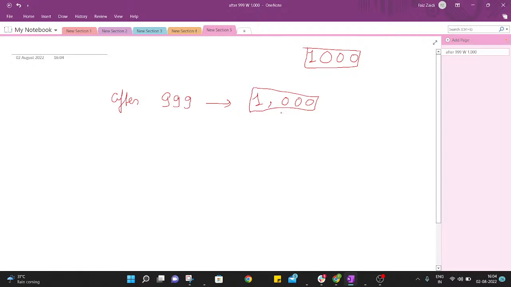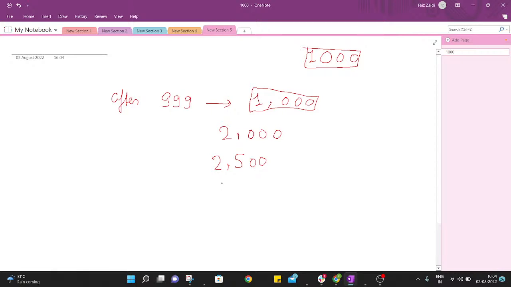So this is 1,000. Whenever we reach 1000 in a number, we get a comma. So suppose we are writing 2,000, we will write it like this. Suppose we are writing 2,500, we will write it like this.